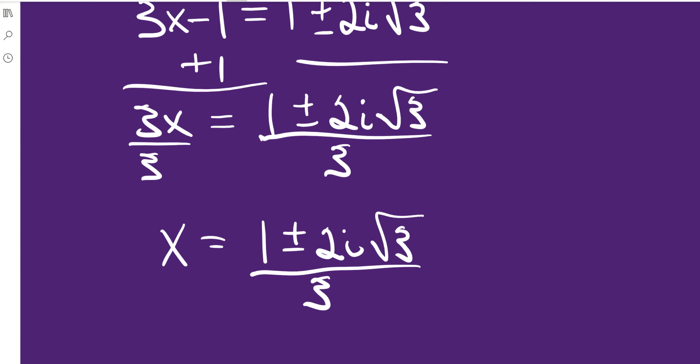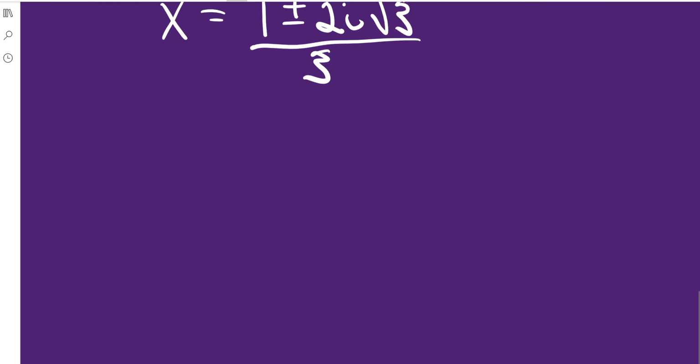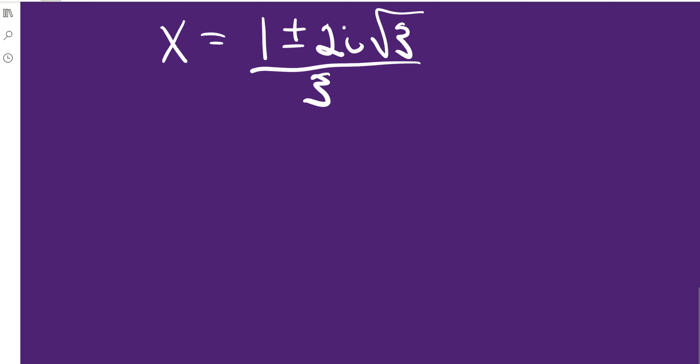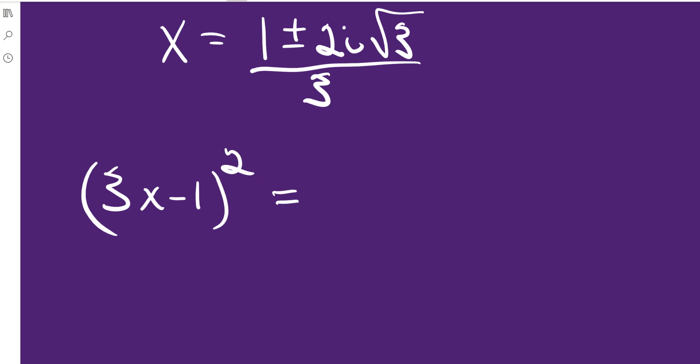Okay, and I said I would check this answer out. All right, let's check the answer out. There's my answer, that x equals, remember it's 2 answers too, by the way. Original problem was 3x minus 1 squared equal to negative 12.